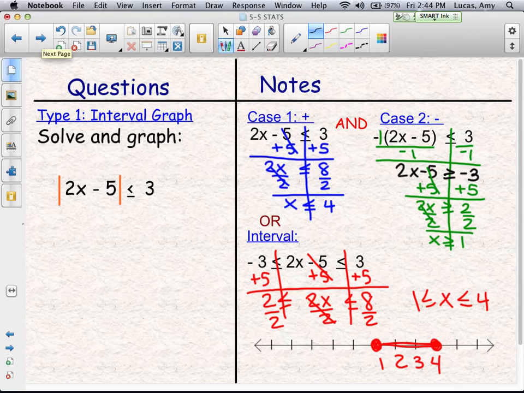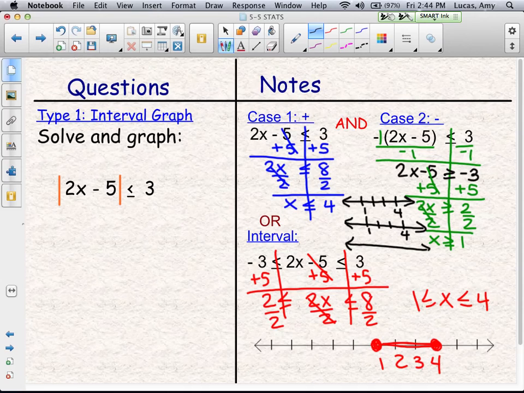Now graphing these, remember from 1 to 4, I would need to graph them separately and look for where they overlap, what they have in common, because and represents an intersection. So my blue, less than or equal to 4. My green, greater than or equal to 1.